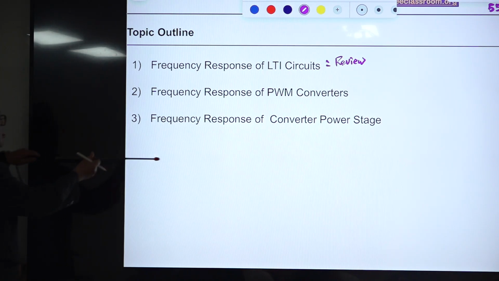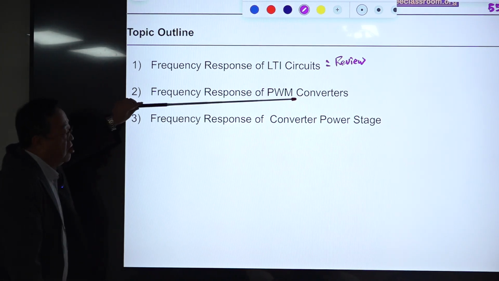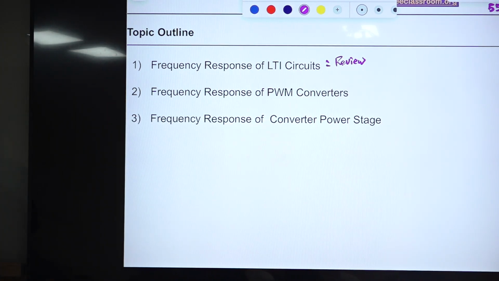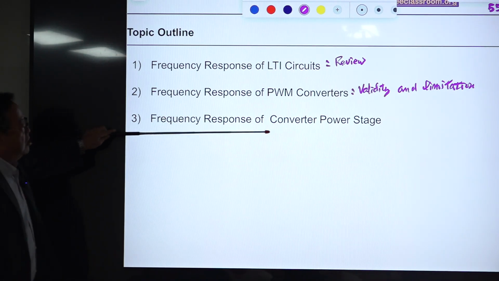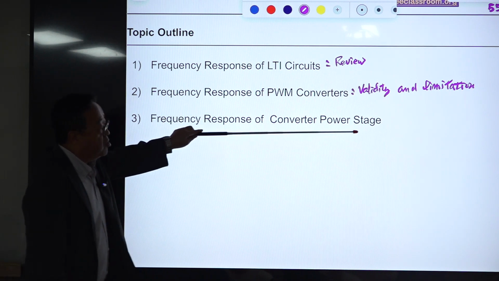Then we discuss the frequency response of PWM converters, and we address the validity and the limitations of this approach. Okay, and finally we will discuss frequency response of converter power stage.